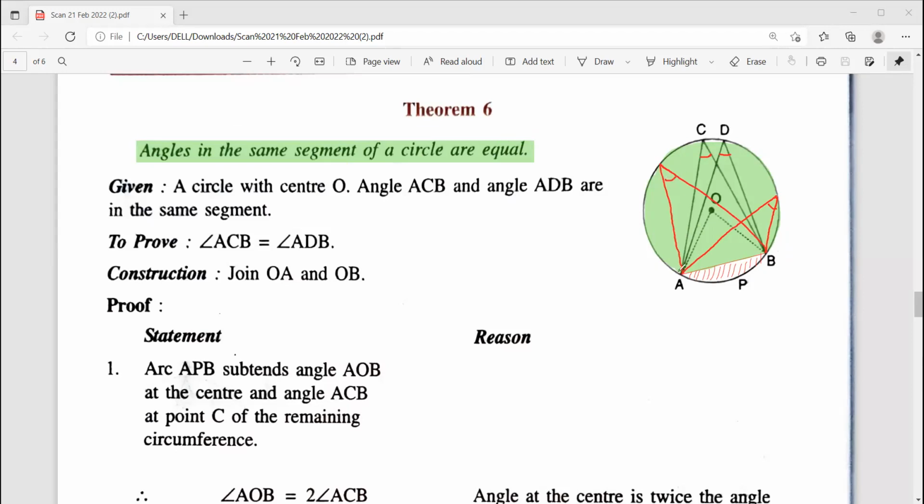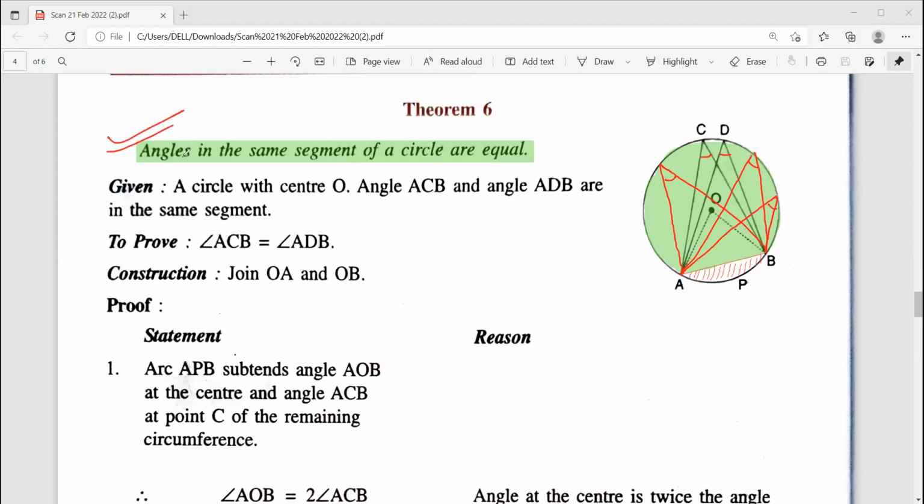These angles are all in the same segment. They all are equal. You could have even said that angles subtended by an arc in the remaining part of the circle are equal. So there are two statements you can say.